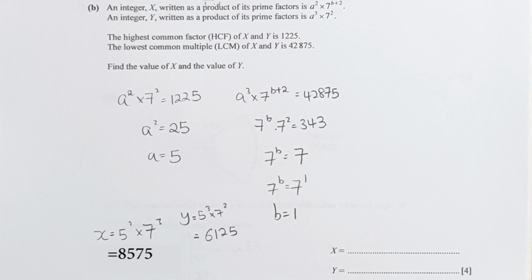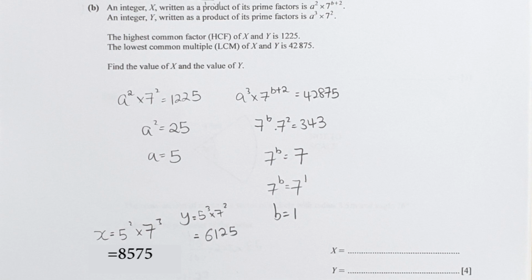This will fulfill the requirement of being an HCF. So it is equivalent to 1225. I take 1225 divided by 7 squared, and you will get a squared equals to 25. A's final value will be 5.